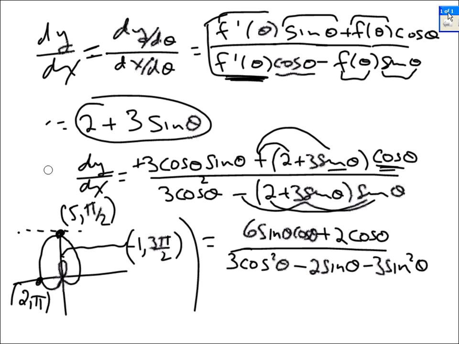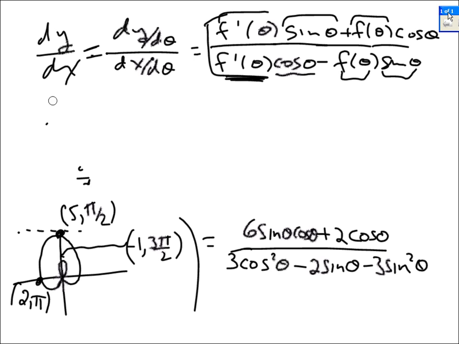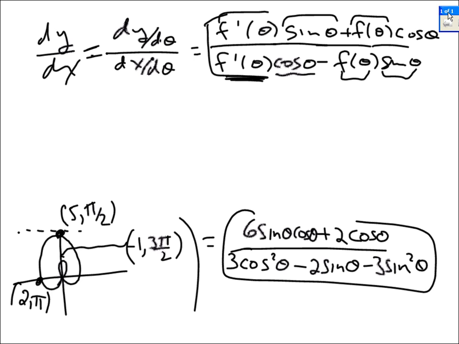Okay, let me erase this. And we're going to find the derivative at different points. Remember, our dy/dx, which is what you see in the right corner, is a function of theta. To know dy/dx, you have to know theta.